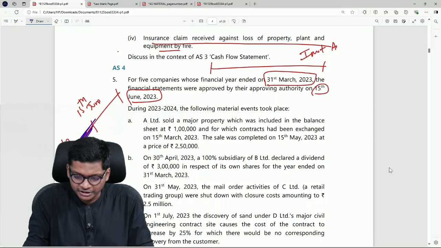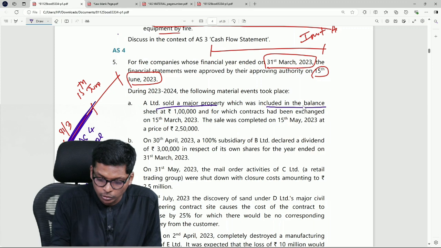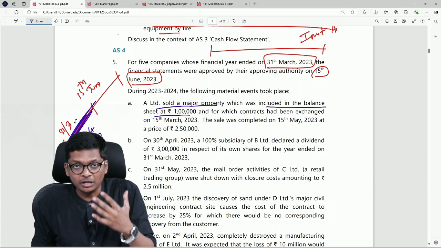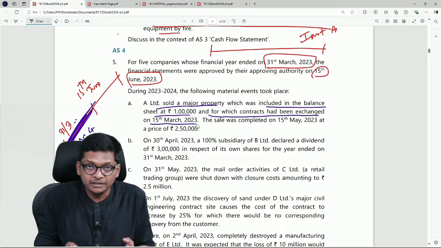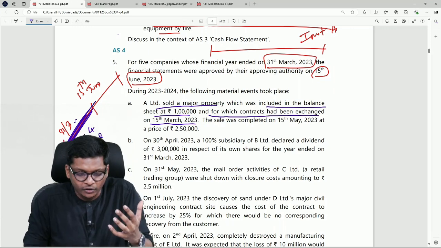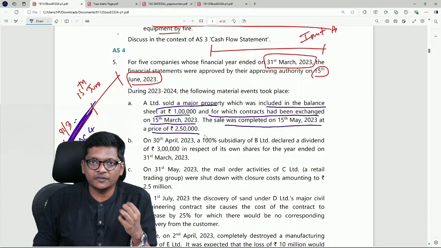What is the first question in 5A? A sold a major property which was included in the balance sheet. So as of 31st March, it's already included, for which the contract had been exchanged on 15th March. Look at this. During the year itself, something happened for this. Sale was completed on 15th May at a price of 2,50,000.